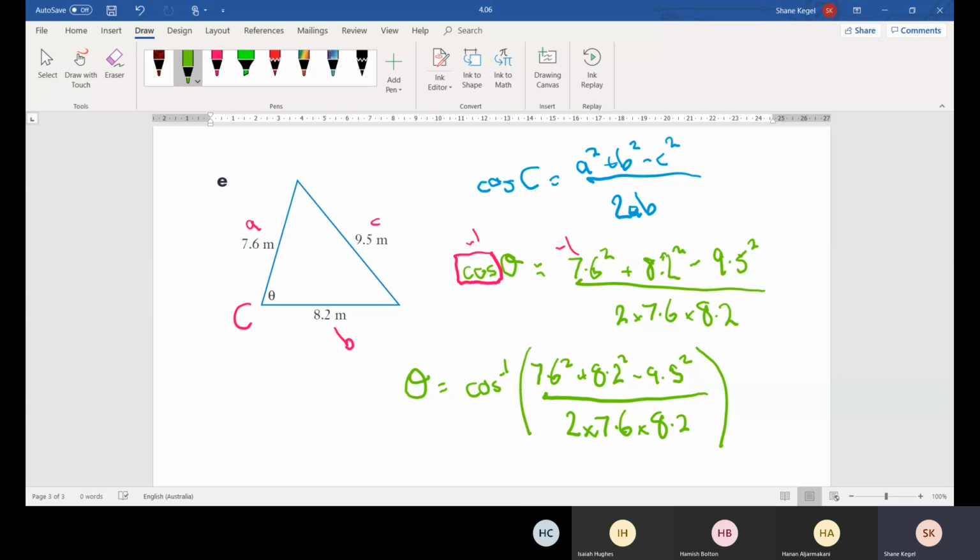Yep, and I should be able to plug that in. Again, just my kind of thing I do to make sure is I put the top and the bottom in brackets as I'm putting it in the calculator, so we're not getting any order of operations done incorrectly.